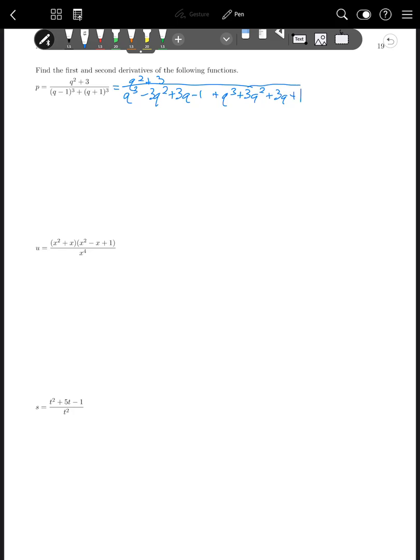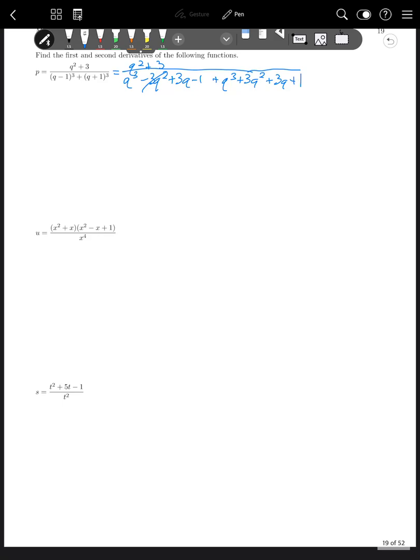And so now you can see that it'll simplify a little bit. So negative 3q squared cancels with positive 3q squared, and negative 1 cancels with positive 1. So this is q squared plus 3 over 2q cubed plus 6q when we simplify.